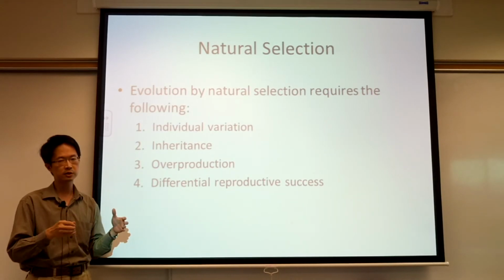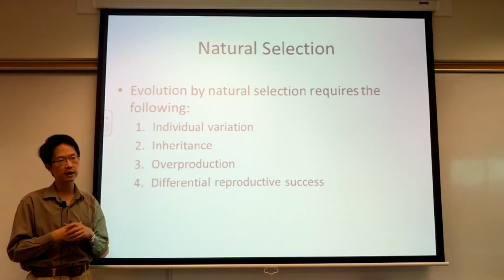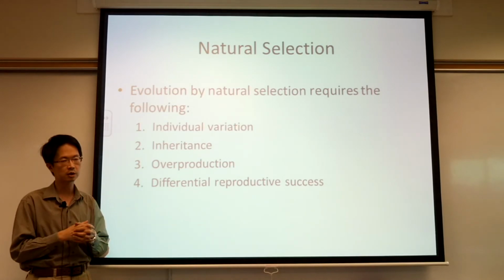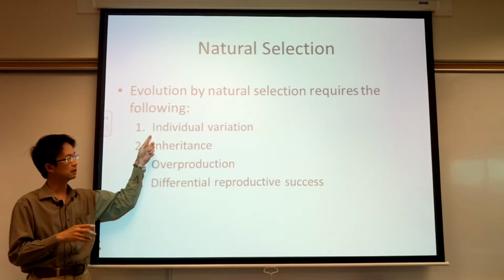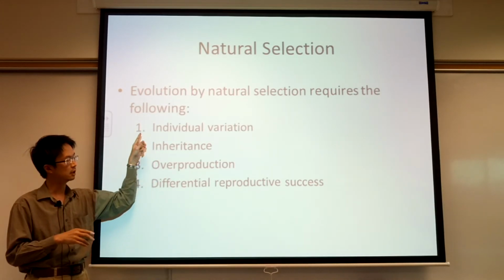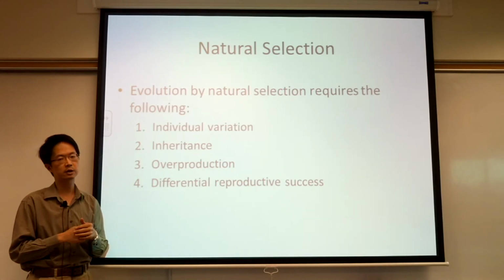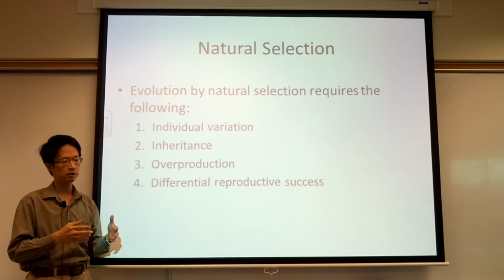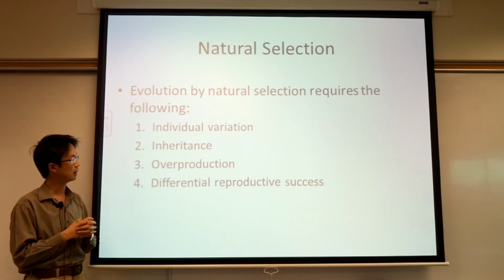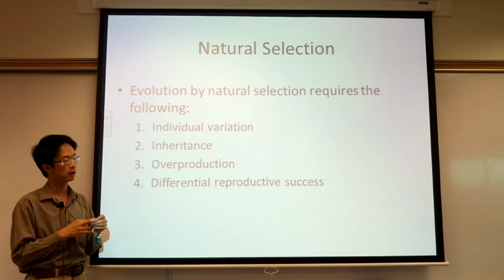If the entire population has the same identical trait, that means there's no individual variation, then natural selection will not occur. Inbreeding basically discourages individual variation. Inbreeding encourages the same trait for everyone. That's why inbreeding is not good for evolution.